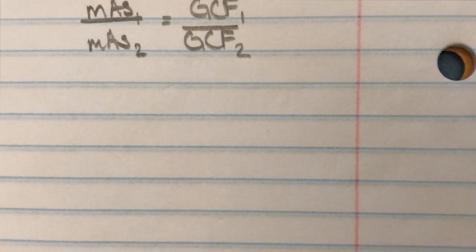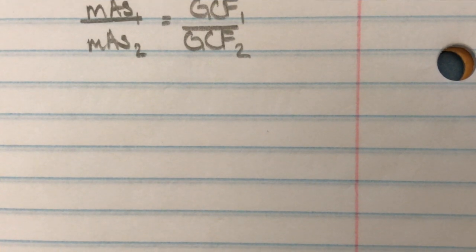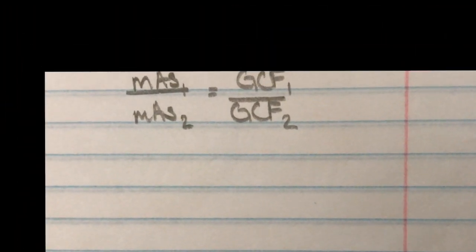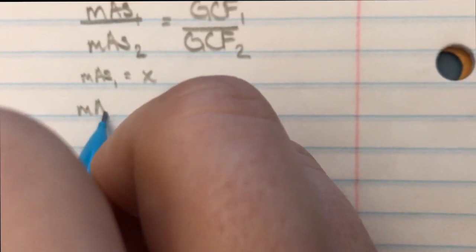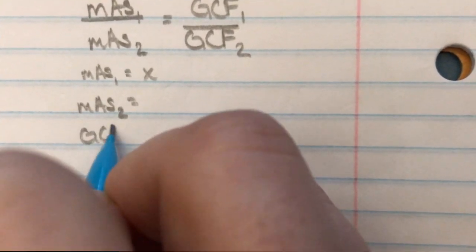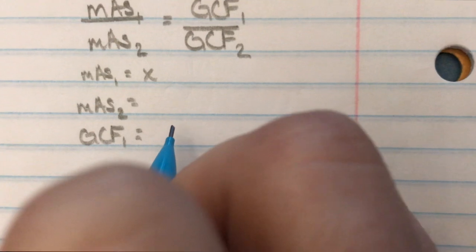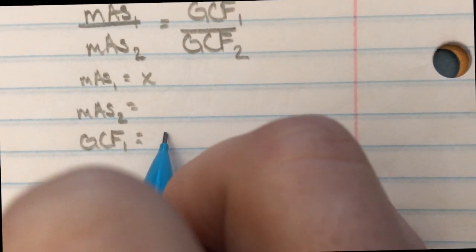Okay. It says that we don't know the MAS, but we did use a grid. So our MAS1 equals, I don't know. Our grid correction factor 1 was a 6. Is that correct? Yes, 6.